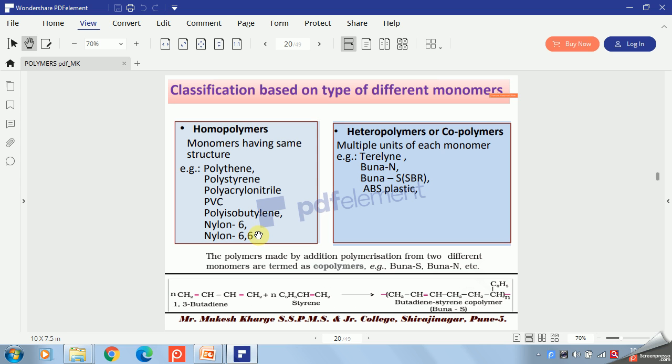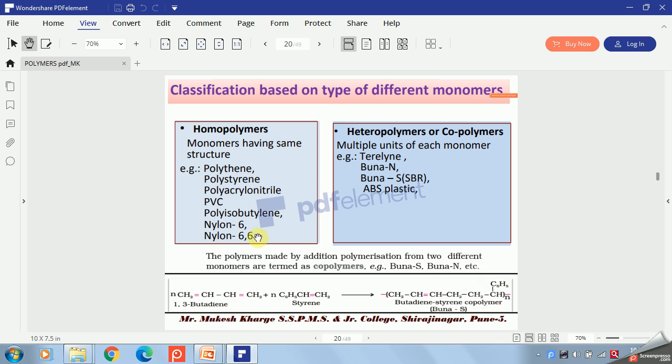This compound is not available as it is. To prepare this, the hexamethylene diamine reacts with adipic acid and forms a salt, that is hexamethylene diamine adipate, which undergoes condensation to give nylon 6,6.